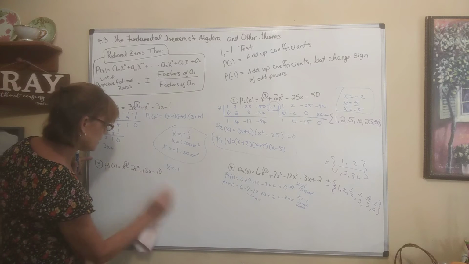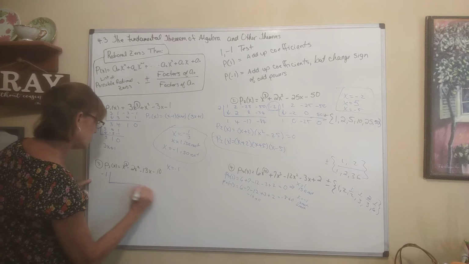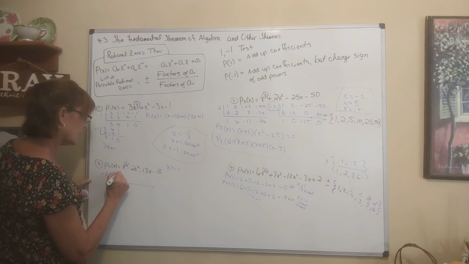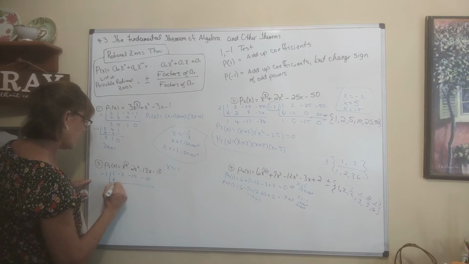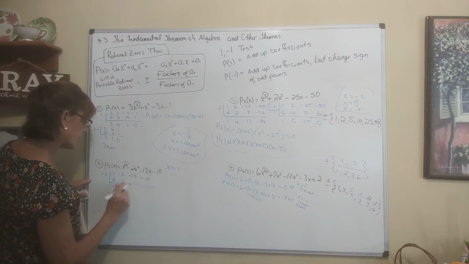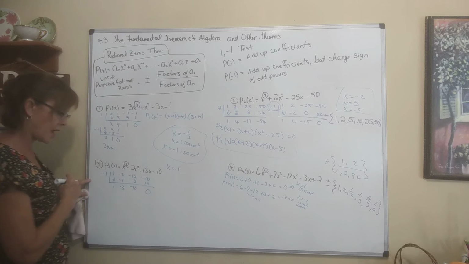Let's do a little synthetic division. It goes like this. We'll say negative 1. Coefficients 1, negative 2, negative 13, negative 10. Bring down the 1, negative 1, negative 3. 1 times negative 3, negative 3, negative 10, 10, 0. We knew that was going to happen.